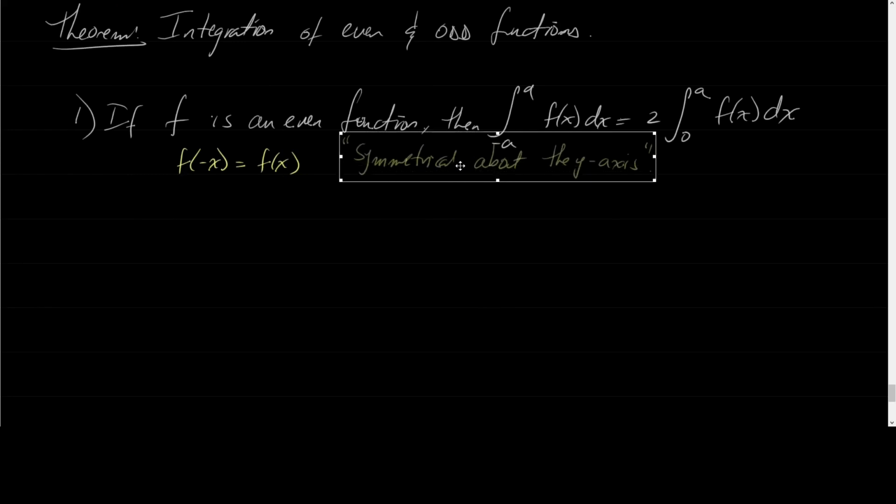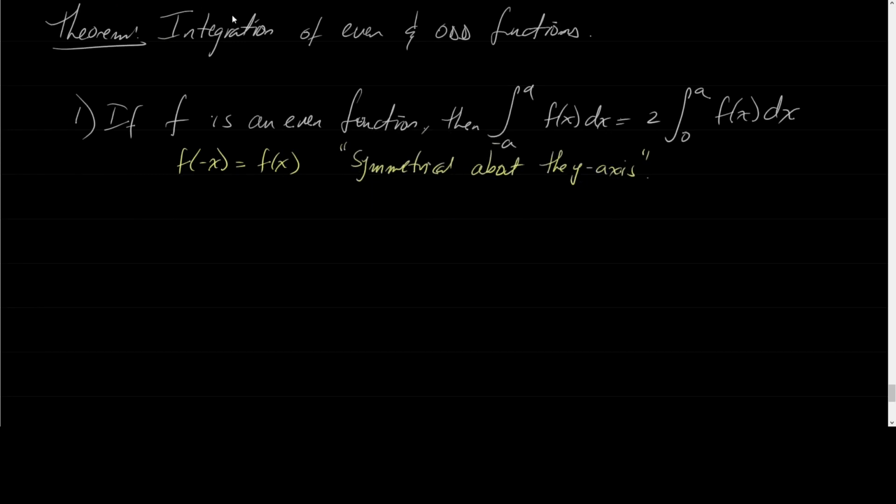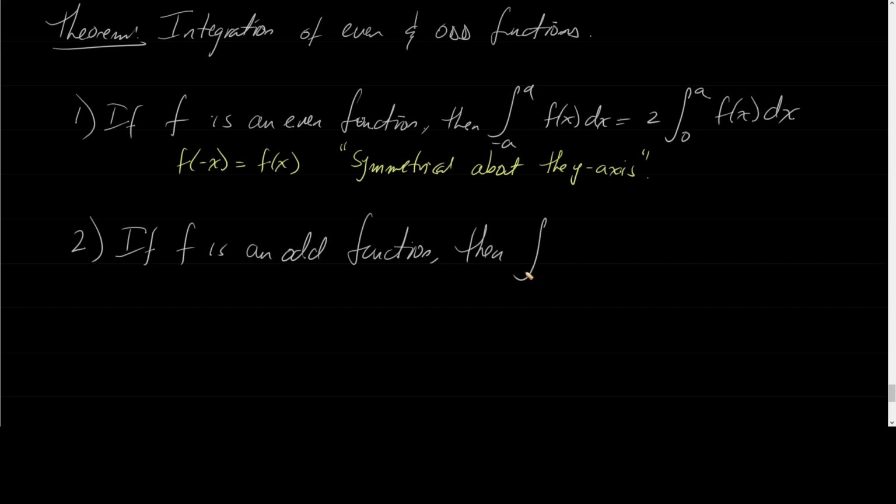Now let's see for odd functions. If f is an odd function, then the integral from negative a to a of f of x dx is equal to 0. And recall here that the definition for an odd function is that f of negative x is equal to negative f of x.